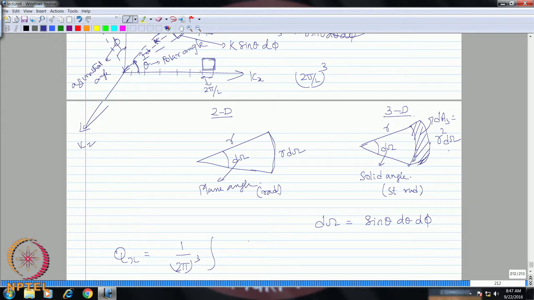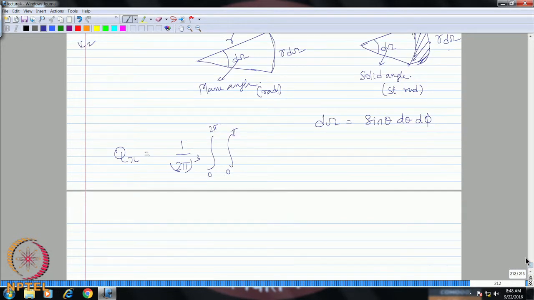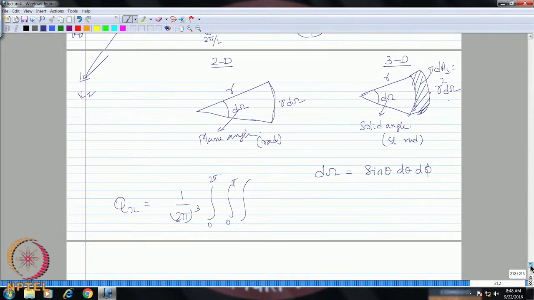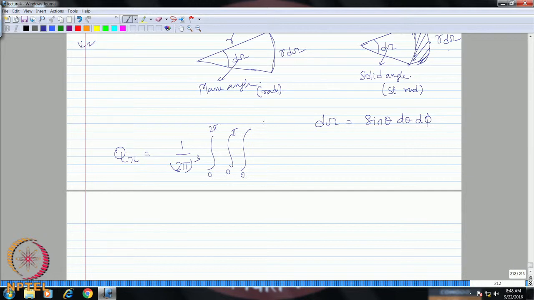So, we have 0 to pi for theta and 0 to 2 pi for phi, and for omega I have from 0 to omega max, which will be the Debye frequency, the maximum one, and I will have Vx into f into sin, h bar omega into sin theta d theta d phi, and I have a k square dk.